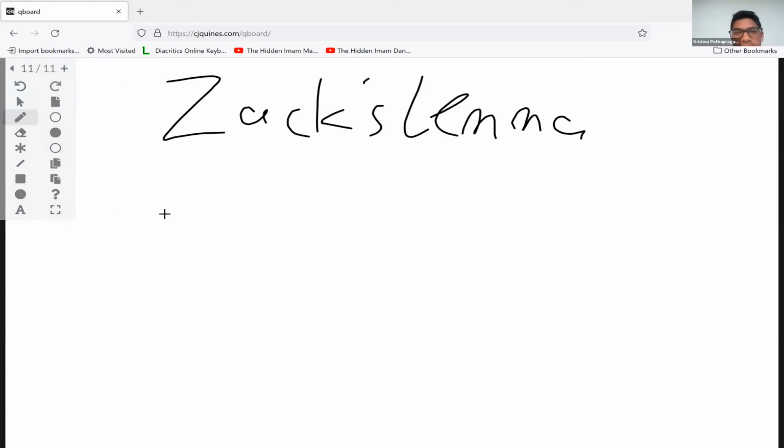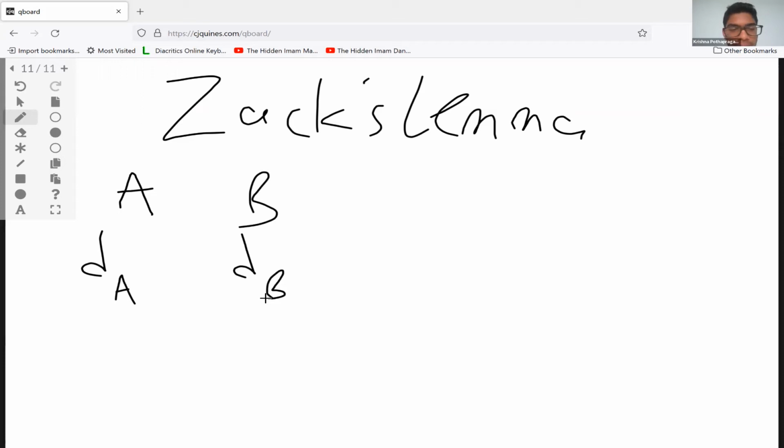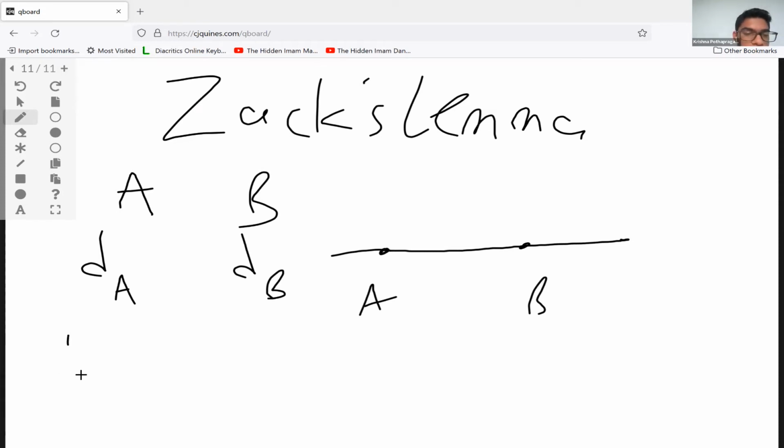So if we have 2 moving points, A and B, and these have degree d(A) and degree d(B), and we draw the line between them, then the degree of this line is going to be at most d(A) plus d(B).